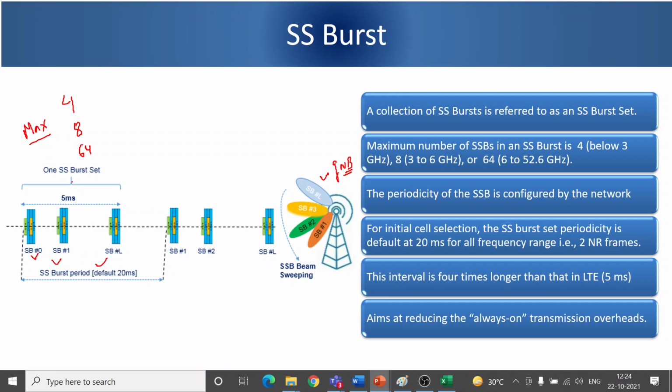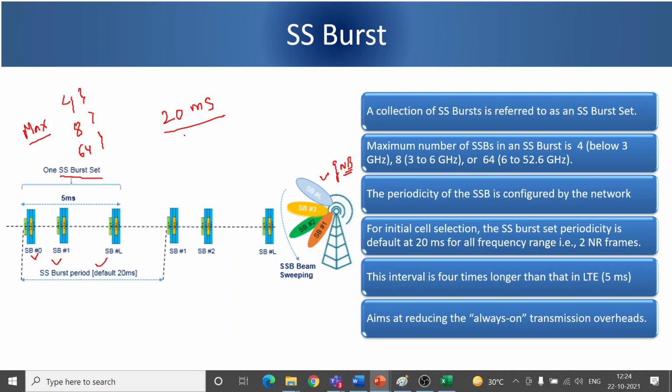These are called the SS burst set. Whether 4 or 8 or 64, whatever the number is, it will be transmitted within 5 milliseconds, and those will be called the SS burst. Please remember, these are called SS burst, right? And it will be repeated after 20 milliseconds. After 5 milliseconds, the next set of SS blocks will come after 20 milliseconds.